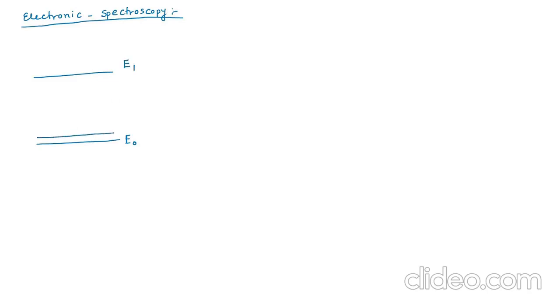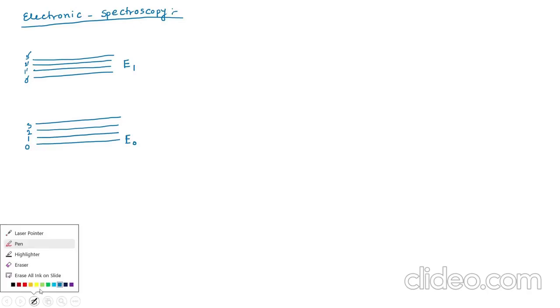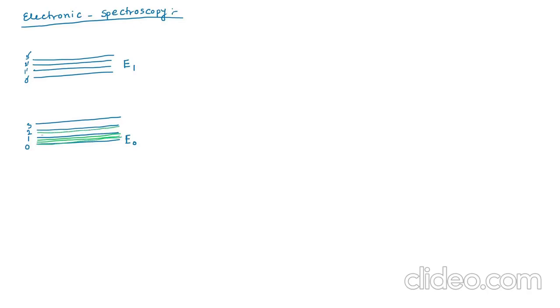They contain vibrational state levels, right? 0, 1, 2, 3, 0 dash, 1 dash, 2 dash, 3 dash, and also there will be rotational lines. These are rotational lines. I will not draw much. I hope this is clear, right?